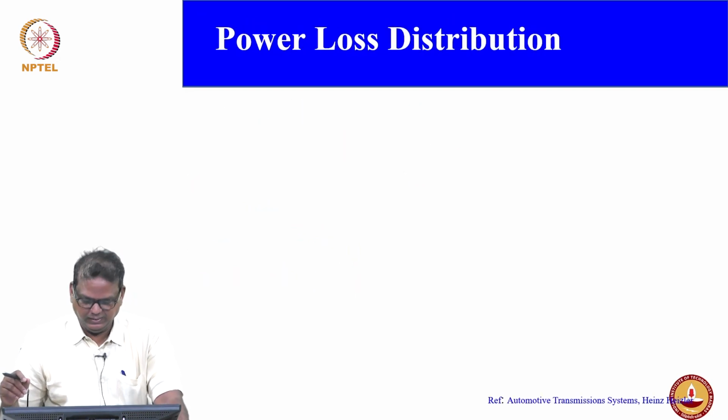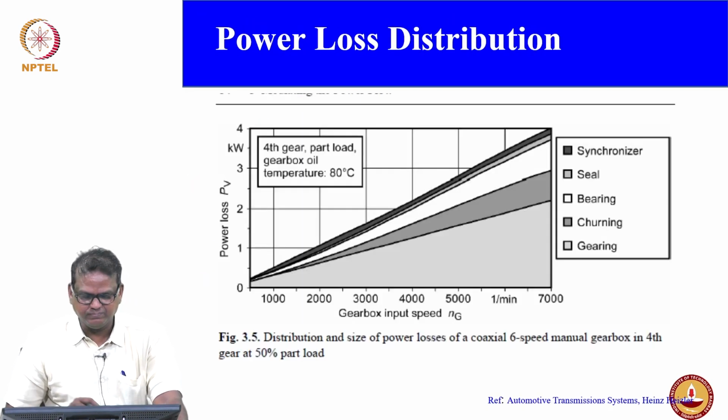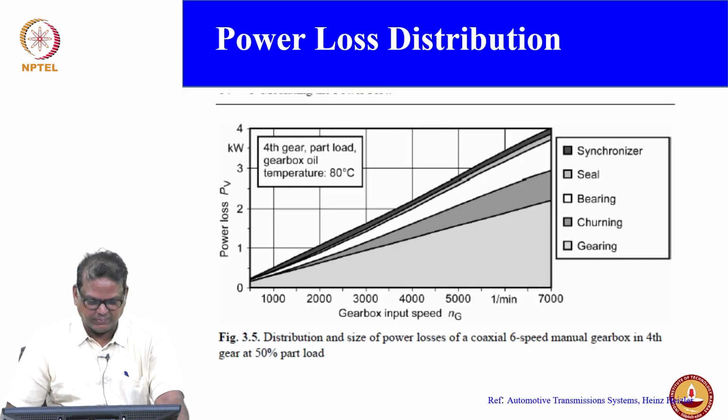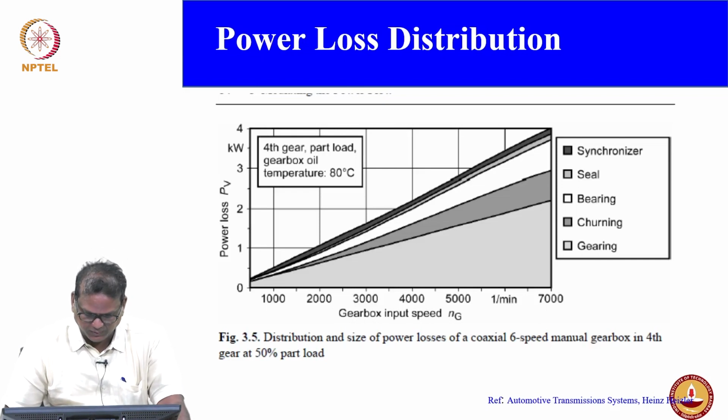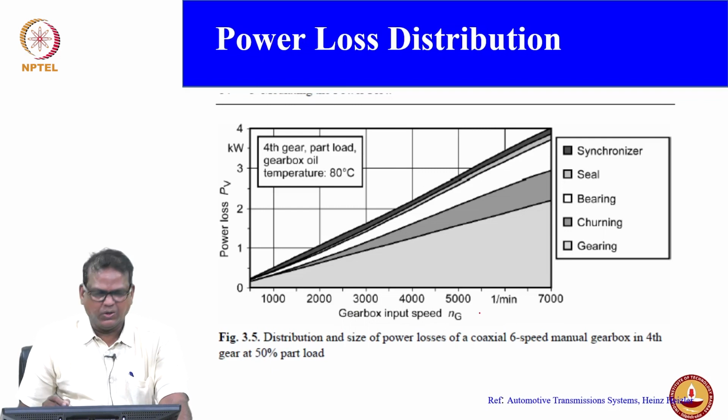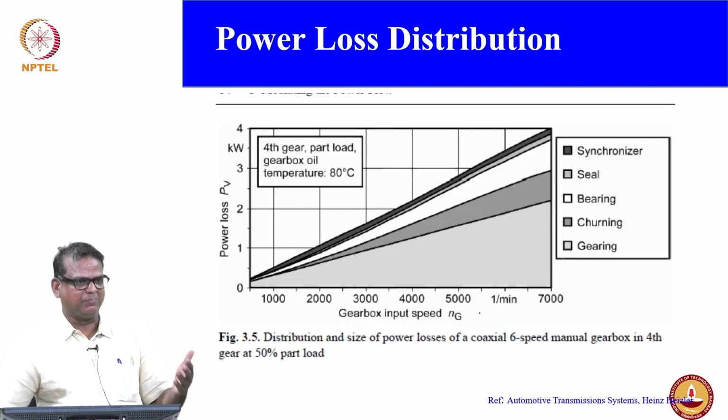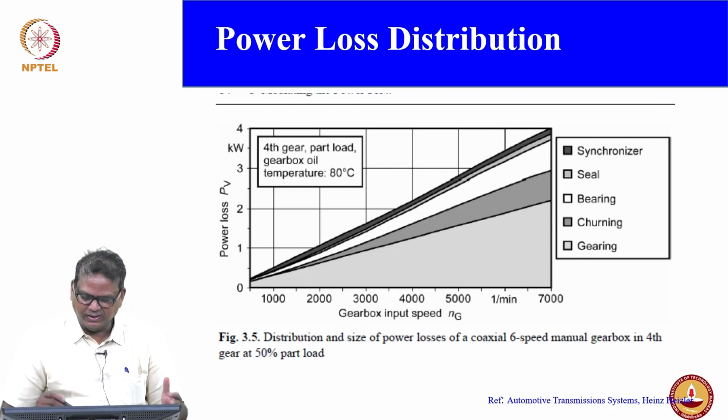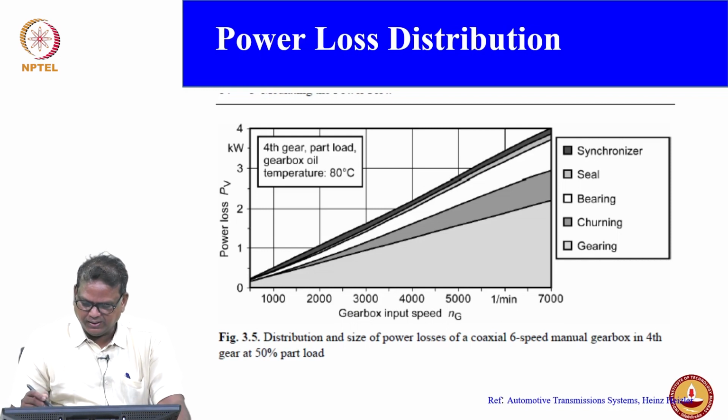And if you look at this, I have taken the comparison of power loss in the whole gearbox for different speeds. Obviously, the higher the speed, the higher the power loss, you can see the trend. Among them, the largest fraction goes to gear meshing. The next is churning.